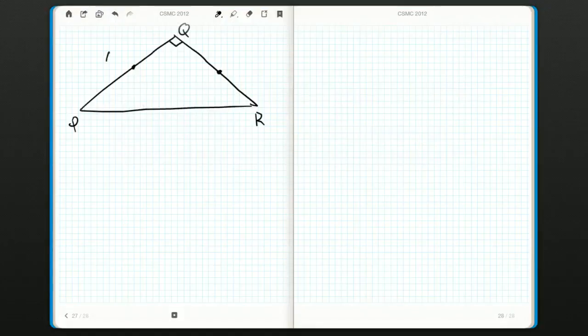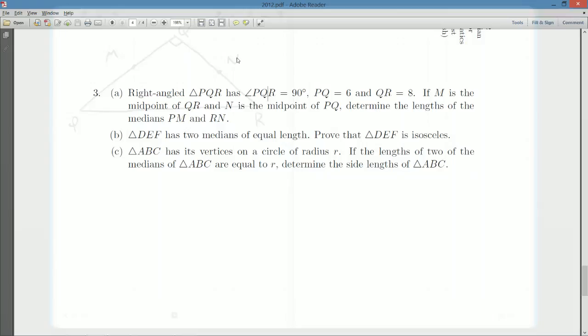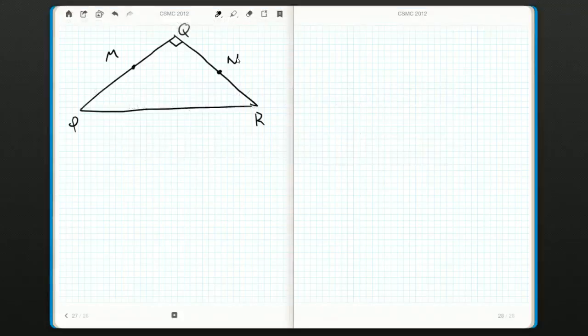I can't remember which one's M and N. Let's say this is M, this is N. We'll just double check that. M is the midpoint of QR and N is the midpoint of PQ. Okay, so I think I have those backwards. And we want the lengths PM and RN. Okay, so N over here and M over here.